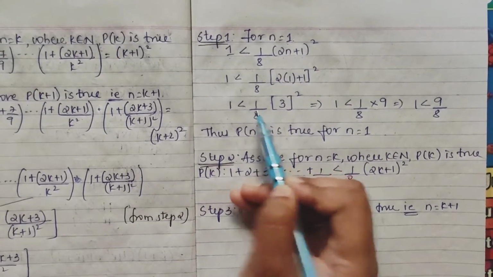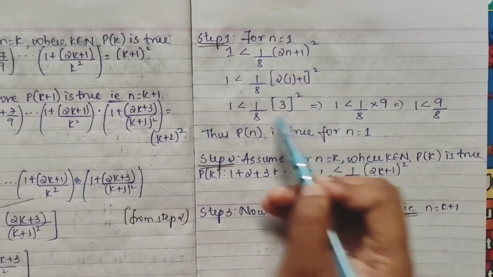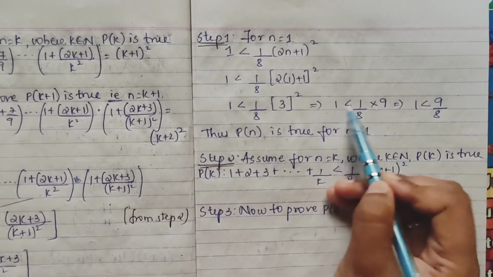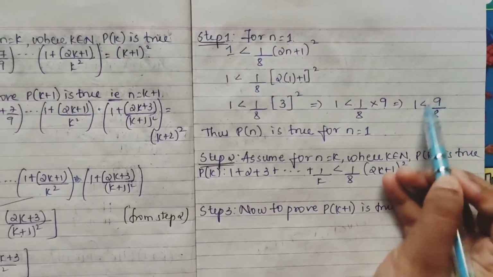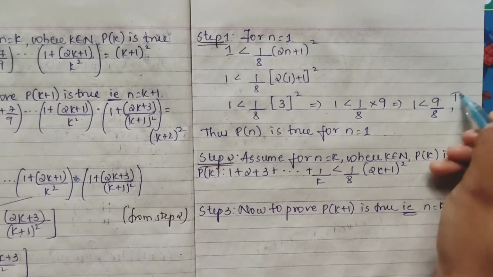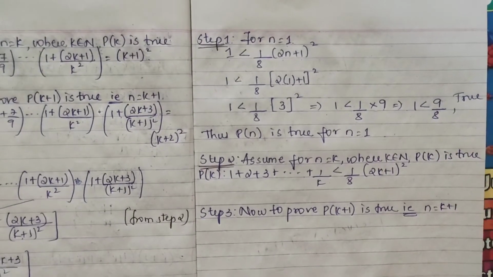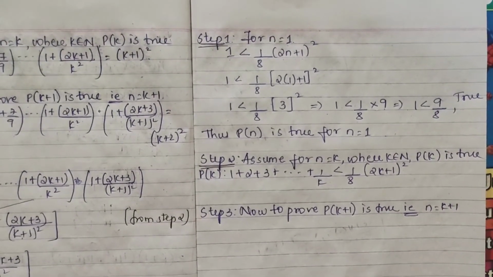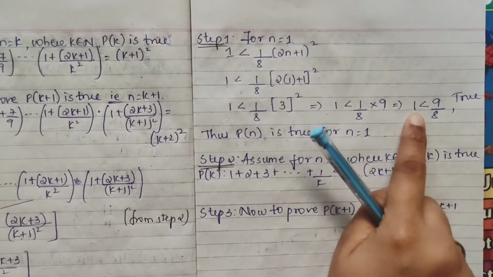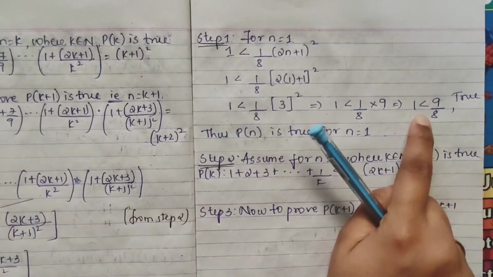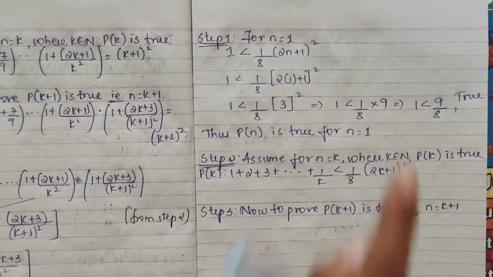So 1 is less than 1 by 8 into 3 square, which implies 1 is less than 1 by 8 into 9. Your 3 square is 9. So 1 is less than 9 by 8. Is it true? It's true, because if you divide 9 by 8 you will get 1 point something, which is greater than 1. So this is true. Thus P of n is true for n is equal to 1.